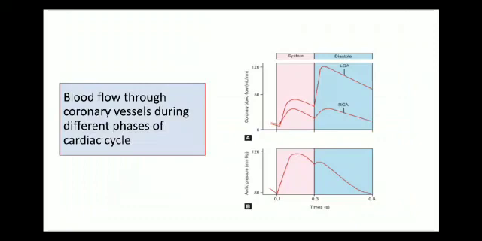During diastole, when the heart relaxes, the blood vessels are dilated. And the changes are more marked in the left coronary artery as compared to the right, because the left has more muscle mass, it has to do more work, there is more contraction of the left side. So during systole and diastole you can see a lot of difference.